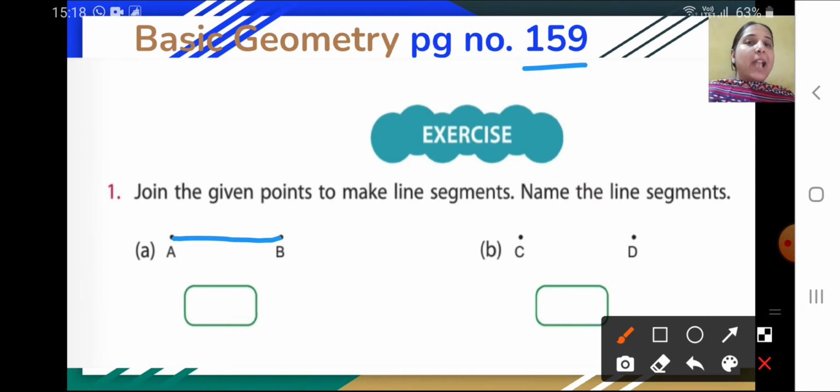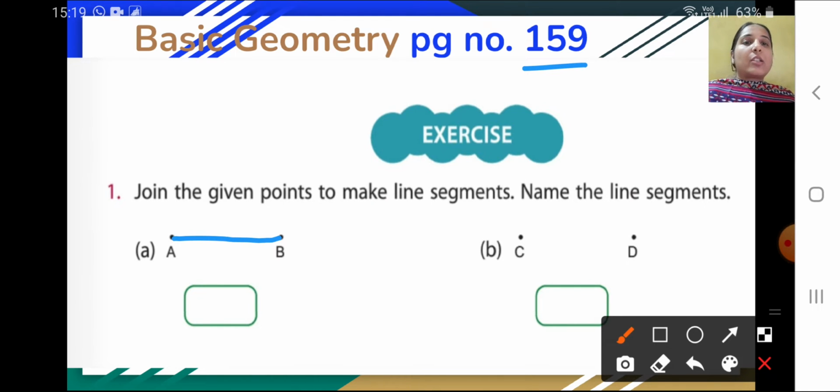That line should be straight, very neat. And you have to just see that those 2 points are exactly joined properly. Here it may be a little crooked, but yours should be very neat and straight. And for that only you will be using the ruler.